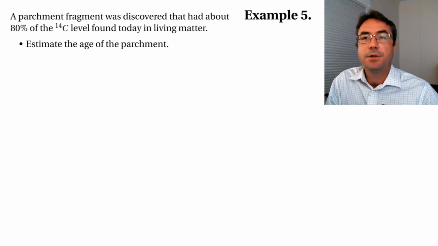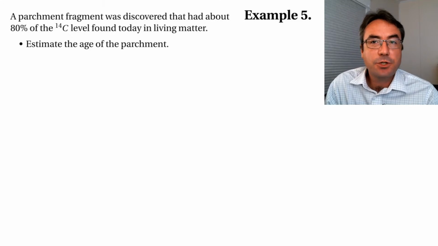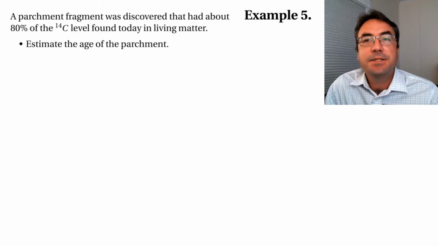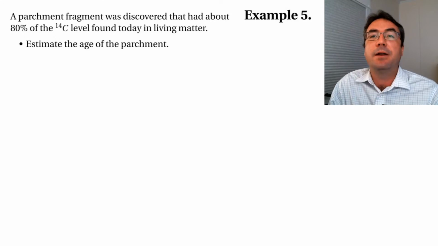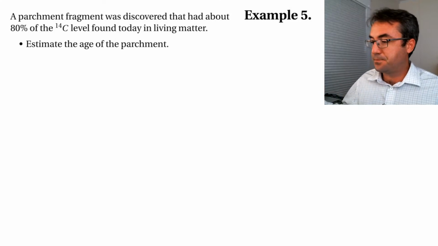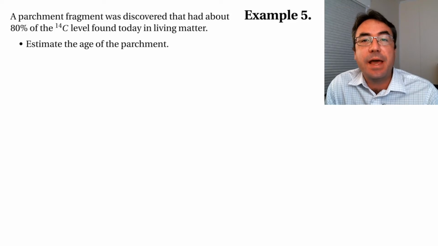So let's try it out in example 5 here. So we have a parchment or fragment of a parchment that was discovered, and it has about 80% of the carbon-14 level found today in living matter. So this parchment is made with plant matter, and what we want to do is we want to estimate the age of that parchment.